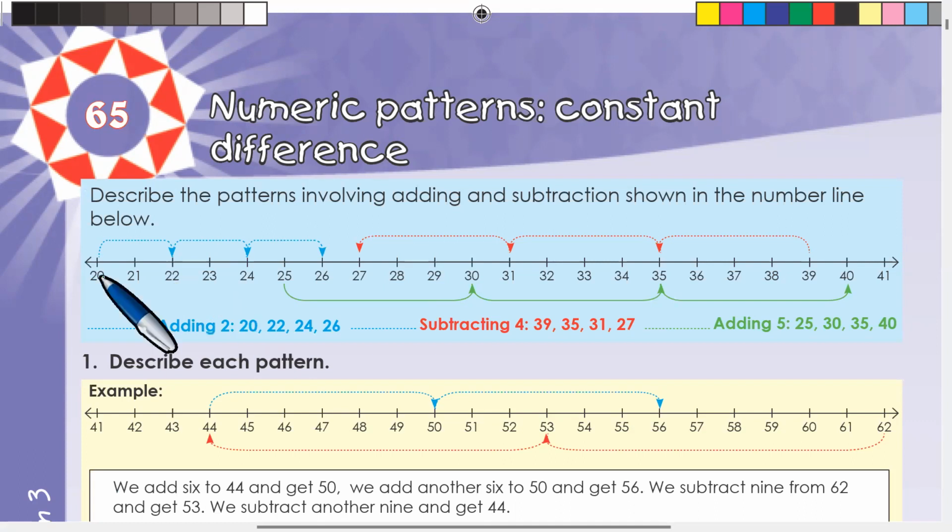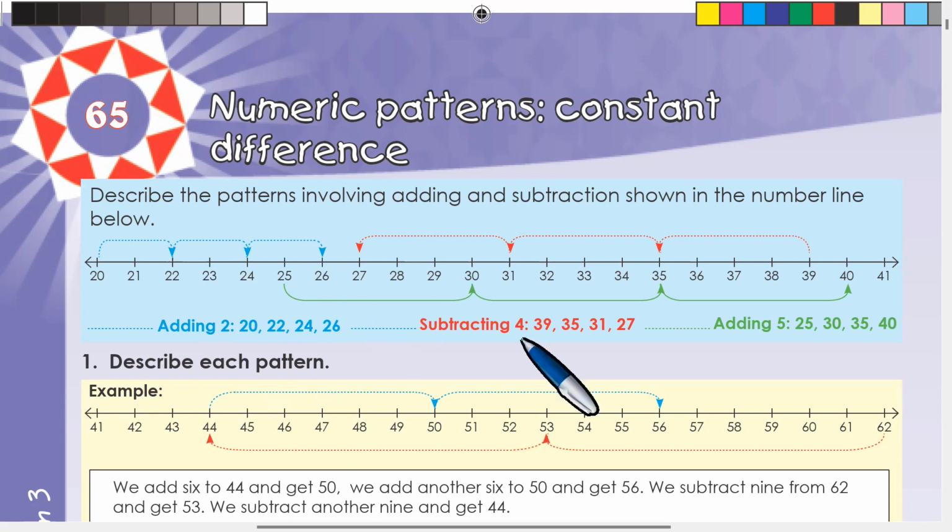Okay, if you look at 22 through 21, you are able to realize that there is some addition of 2. Because if you add 20 plus 2, you get 22. You add 2, you get 24. You add 2, you get 26.